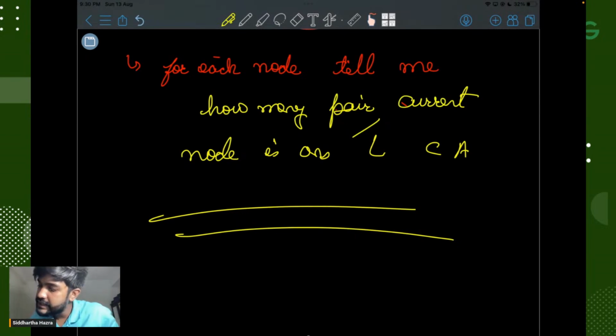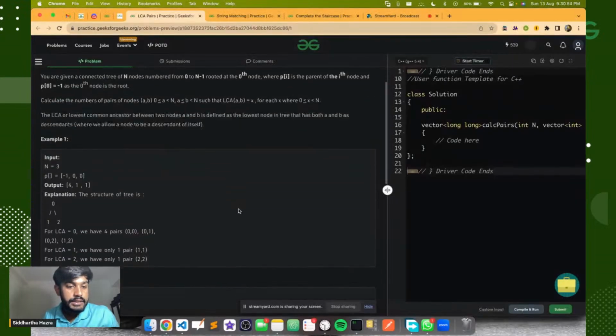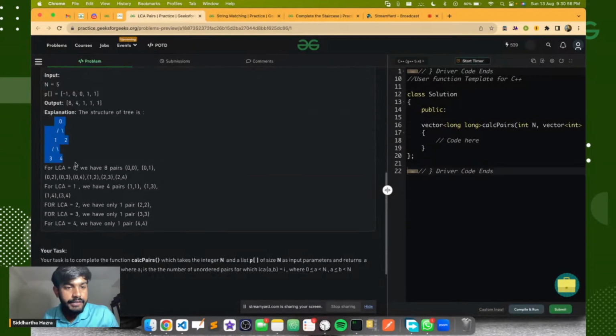Let's see the sample test cases too. Given the structure of this, for 0 we have 0 0, where 0 0 is the lowest common ancestor. Then the very next one is 0 1, this one as well as this one, they both are common ancestors.